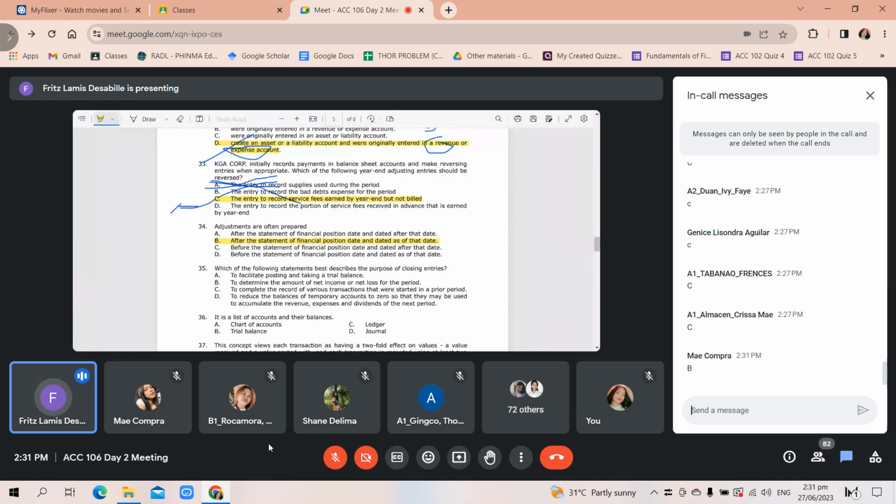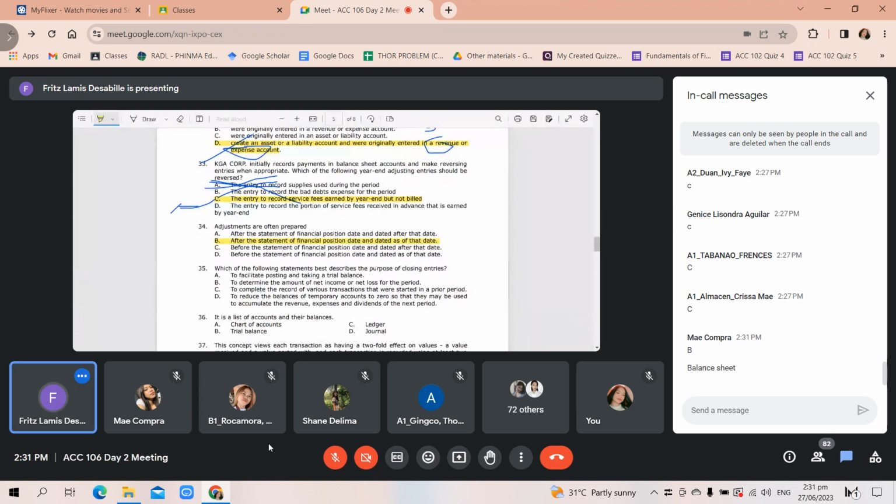Balik sa balance sheet date. Unsay pasabot sa balance sheet date guys? So muna siya ang cut-off period. So say for example, ang mga companies usually would have a statement of financial position date or a balance sheet date of December 31. So ang adjusting entries are recorded after December 31.